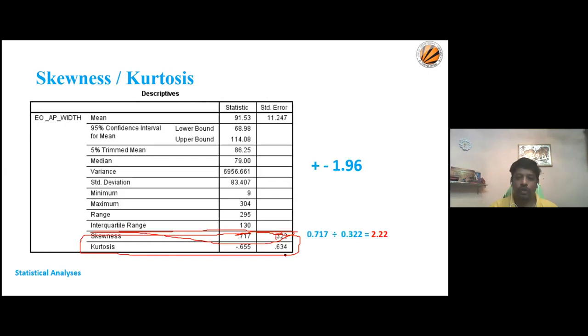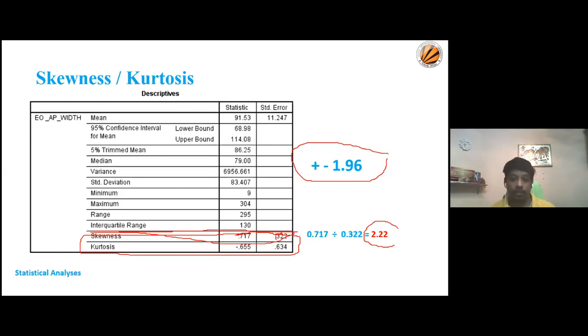Now what is very important is that when you divide, if this value lies between plus 1.96 and minus 1.96, it means your data is approximately normally distributed, so you may use your parametric test.